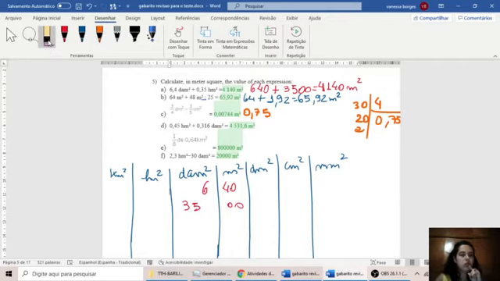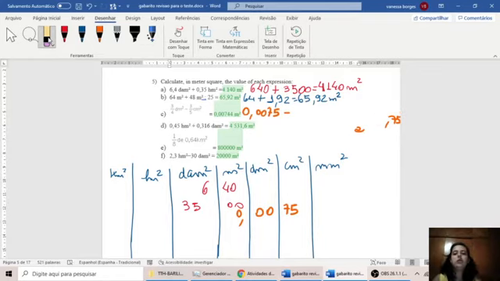So let's change directly to meter square. 0.75 decimeter square. Before I go to meter square, I do like this, right? So I have 0.0075 minus 3 divided by 5.